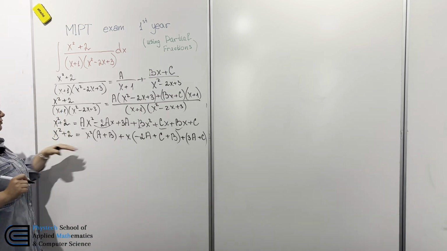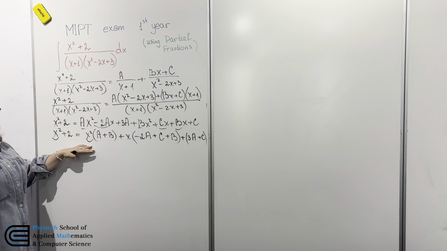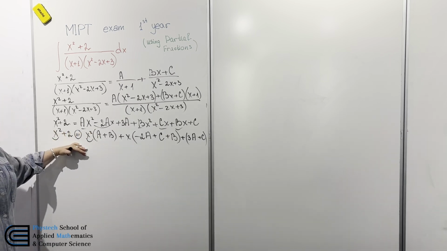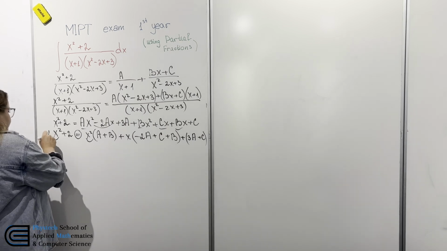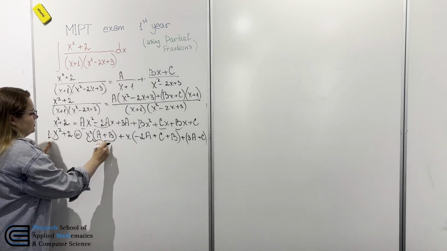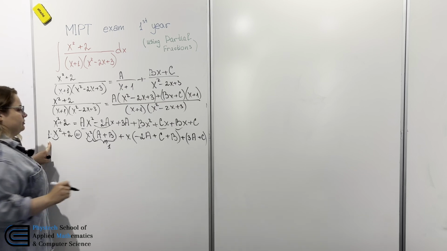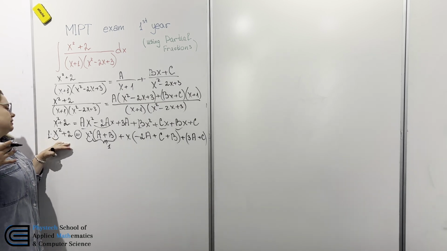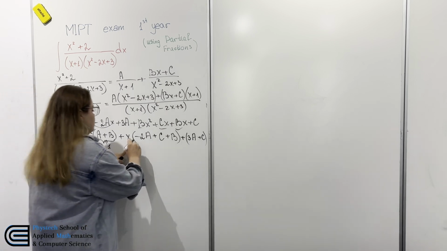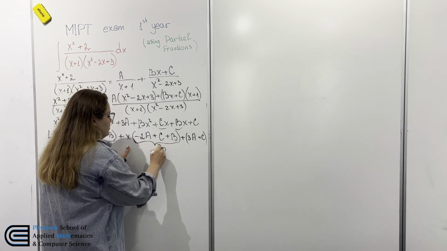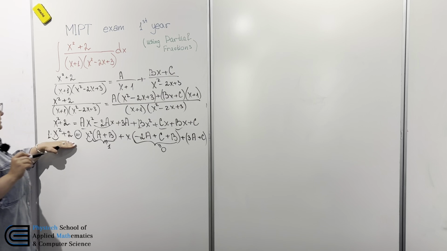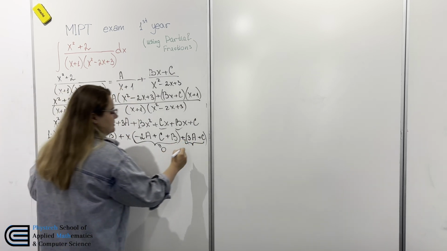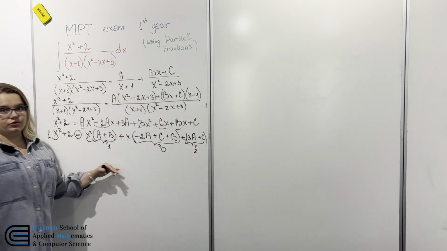So let's see. Here we have x squared, and here we have x squared. So this is an equality. So we understand that here we have 1, so this part will be equal to 1. Next, in this part we have no x, so all this line will be equal to 0. And here we can see that also 3A plus C equals 2.